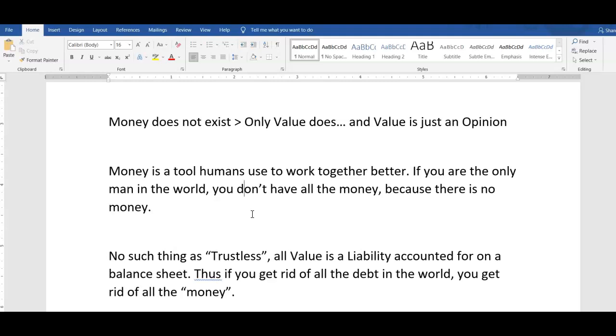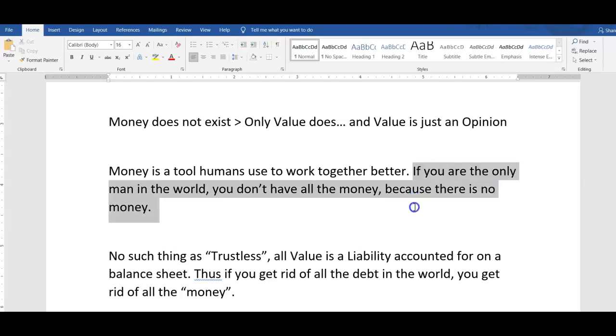Whenever you get a group of humans bigger than around 500 to 1,000, they'll just come up with some kind of money. It could be seashells, it could be notches on a stick, it could be pieces of paper, it could be gold, it could be digital currencies.